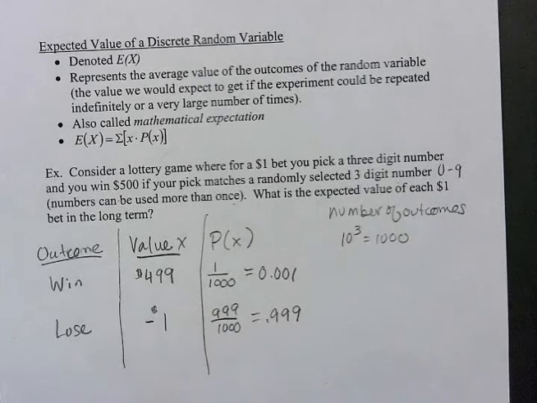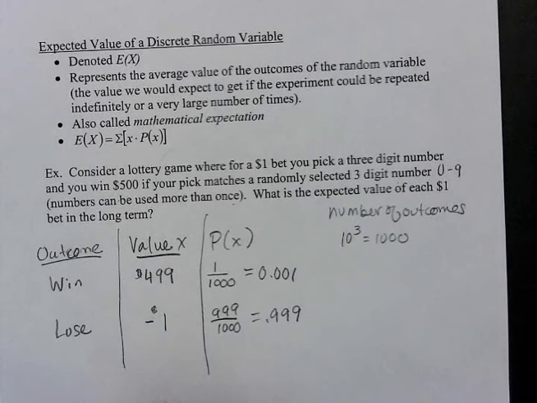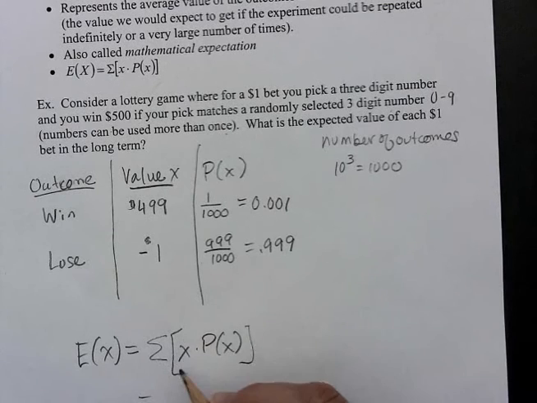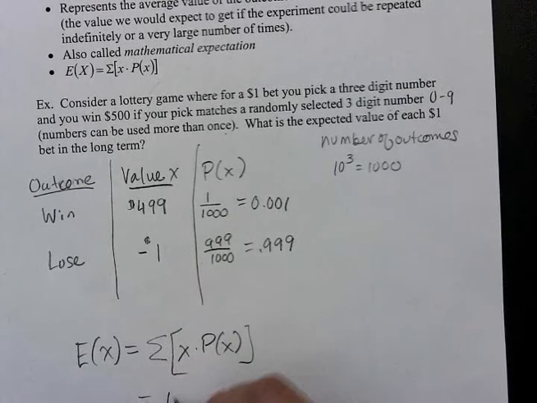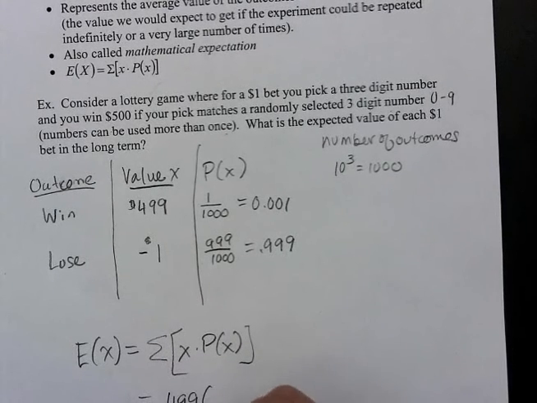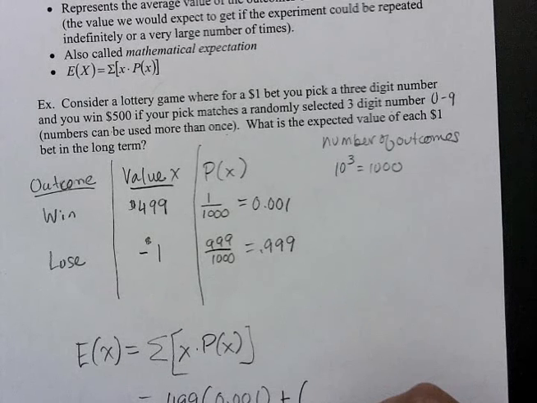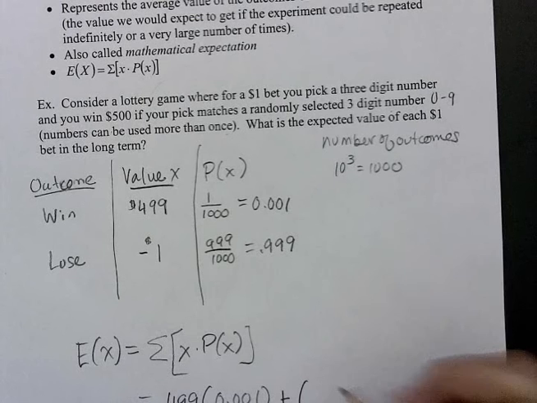So the expected value would be, of course, the sum of the value of each outcome times the probability of each outcome. So the value of winning is $499. Its probability is 0.001, or you can use the fraction. When you do this, make sure you have a negative for the outcome of losing.